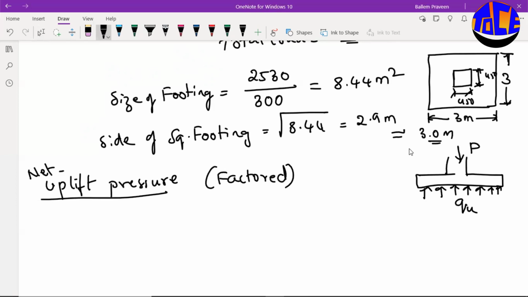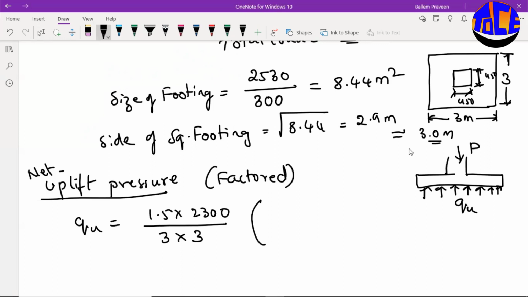So qu is equal to 1.5 into 2300, because we are not considering the footing self weight. Net means excluding self weight. Divided by the size of footing, so it is 3 into 3.